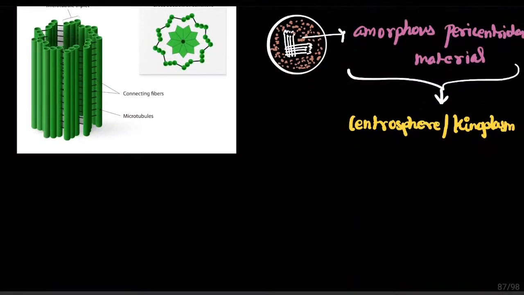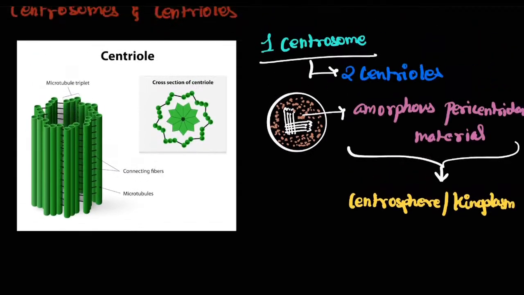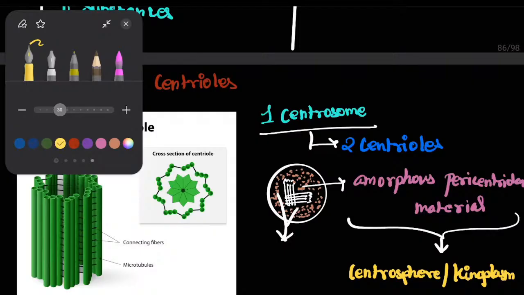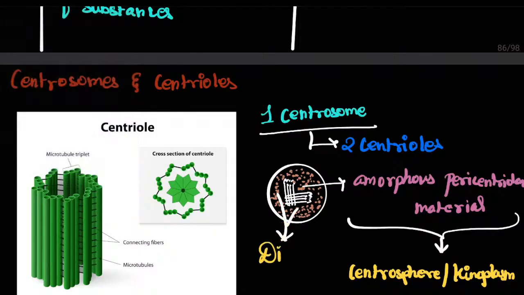These two centrioles, we will be unitizing them. Unitizing in the sense that together they are called a diplosome.